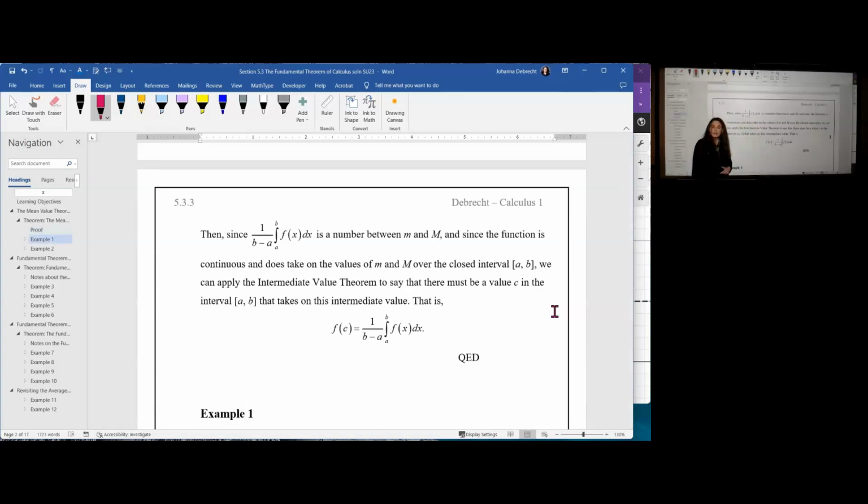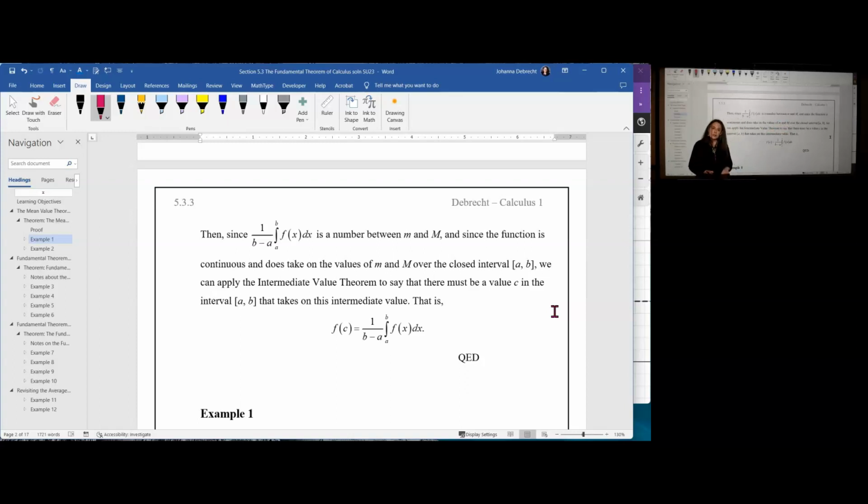The intermediate value theorem says if it's continuous and you have two different values, such as the minimum and the maximum, and you've got a value that's between, then somewhere in that interval, you have a c where it takes on the value between the minimum and the maximum.